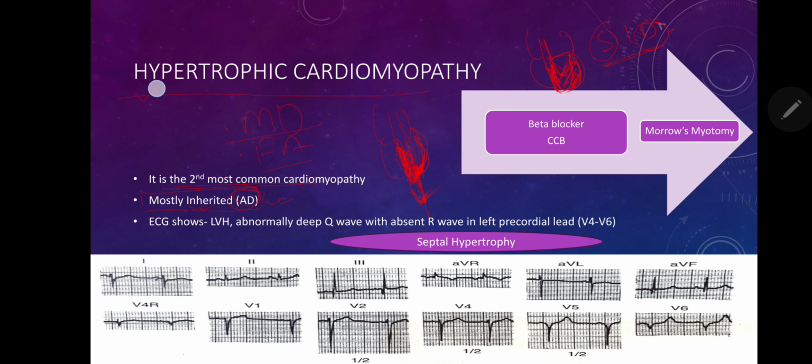So in hypertrophic cardiomyopathy, we find there is mainly a diastolic problem. Only when there is a systolic problem, this is the definite indication of heart transplantation. This is an MCQ. When there is a problem in the systolic function, that is the indication for cardiac transplantation. So there are three types of hypertrophic cardiomyopathy.